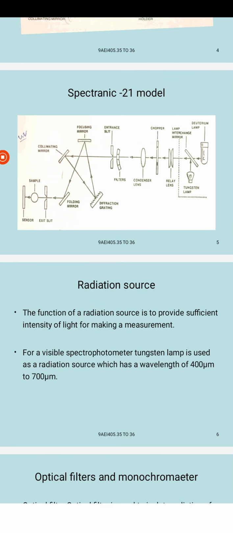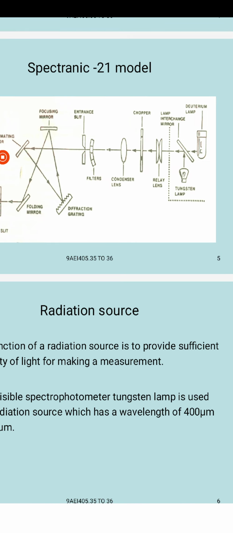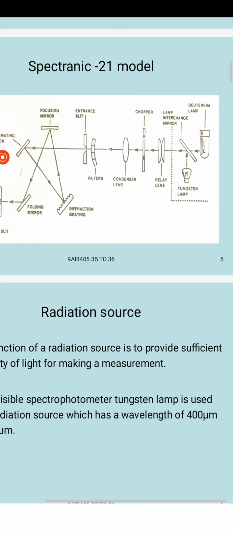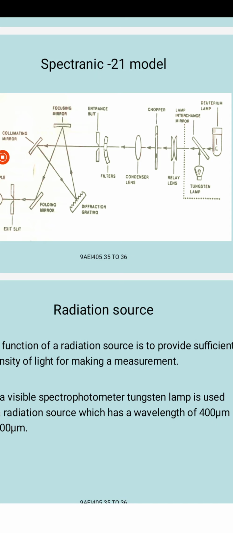You can see the Spectronic 21 model visible spectrophotometer. Here it consists of two lamps. One is a deuterium lamp and another is a tungsten lamp. The tungsten lamp can be used for the visible region, whereas the deuterium lamp generates the ultraviolet region of radiation.